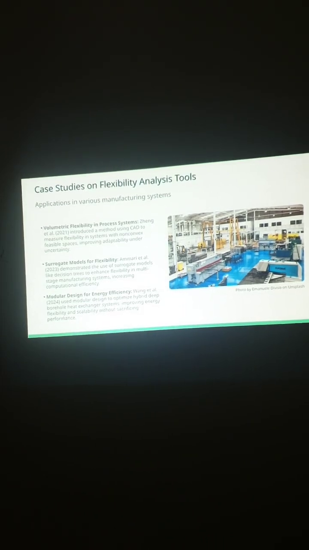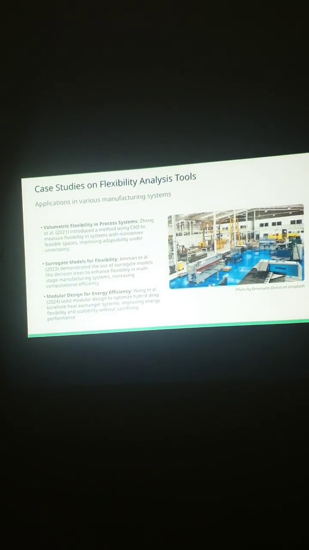Volumetric flexibility in process systems: Zhang et al. introduced a method using CAD. CAD is not for computer-aided drawing now; it's the term that you can see in the previous slide. They introduced a method using CAD to measure flexibility in systems with non-convex flexibility space, improving adaptability under uncertainty.